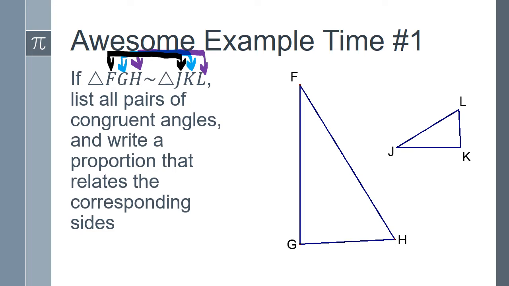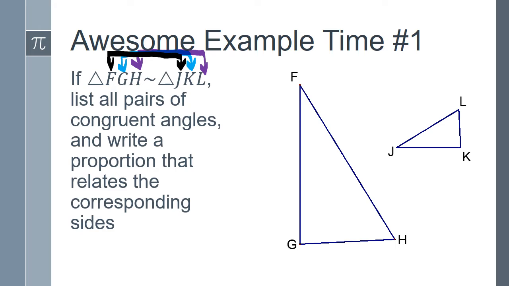All the angles have to match up properly. So angle F is congruent to angle J, angle G is congruent to angle K, and angle H is congruent to angle L. It's just like regular congruence statements, so there's no difference with that.